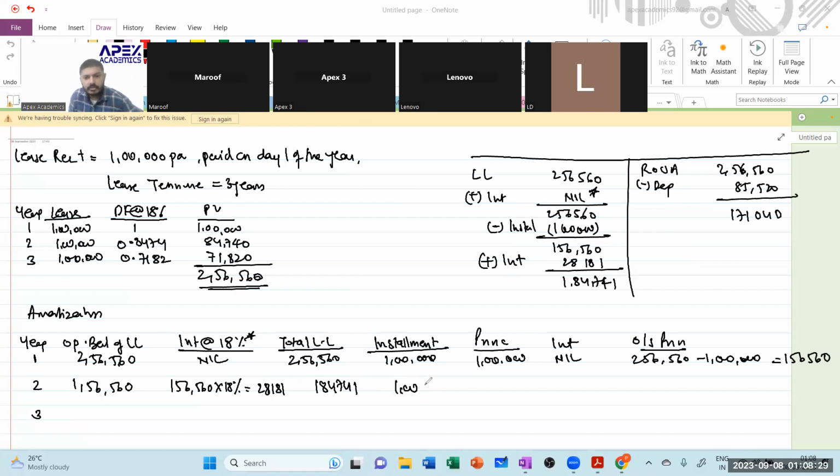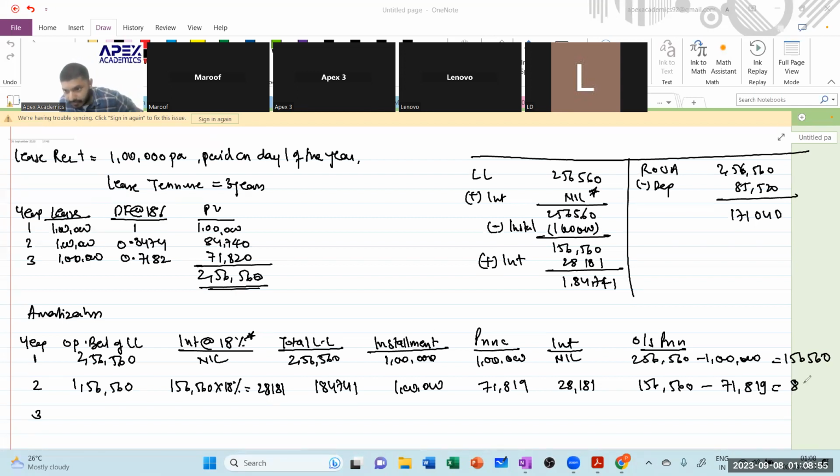Installment? 1 lakh. Principal? Wait. Let's not hurry up. Interest 28,181, minus 1 lakh, 71,819. Outstanding: 156,560 minus 71,819. How much? 84,741.